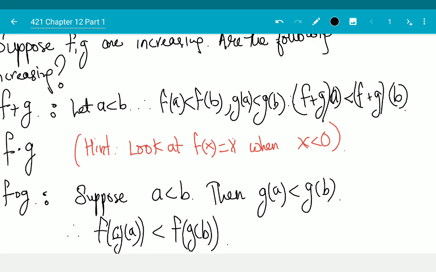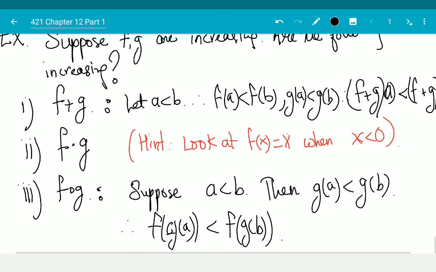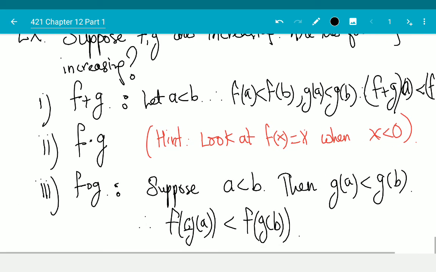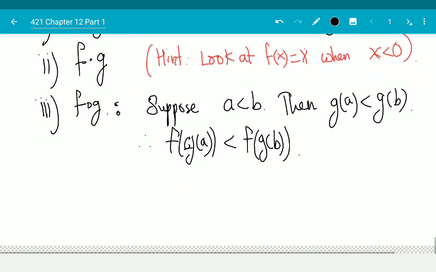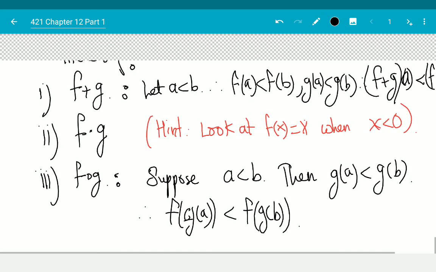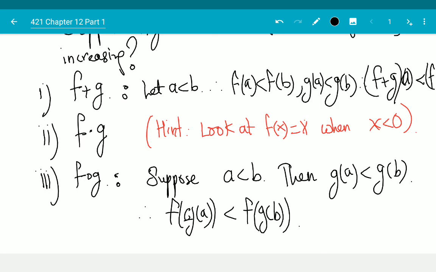Okay, because if you expand these out, you get f of a plus g of a, f of b plus g of b, and both of them are individually smaller. Yeah, whatever. I'll leave it at that.